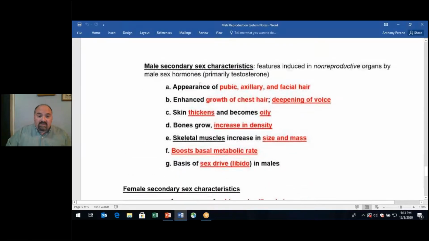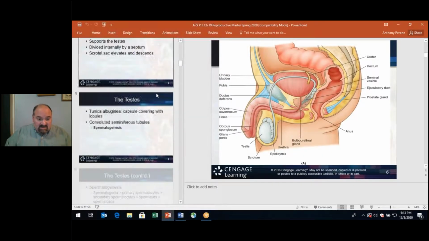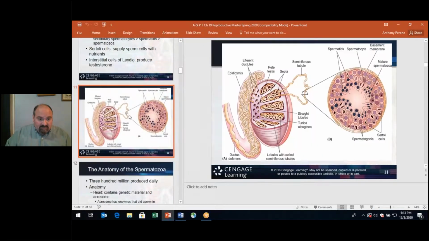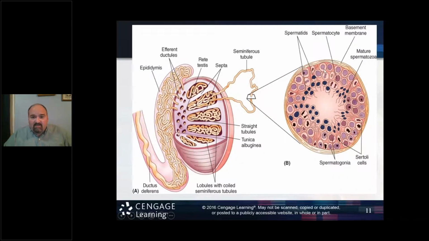And we already talked about the male and female secondary sex characteristics. And let's see here, I want to show you, here we go. Here is a better picture of the different structures. Recall that I showed you in the note packet.